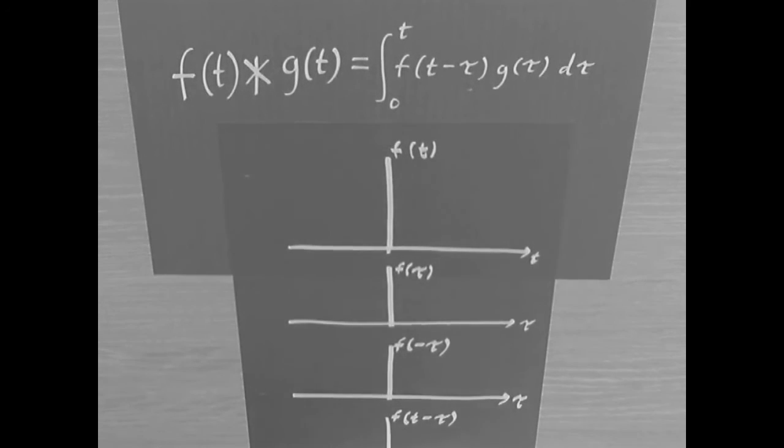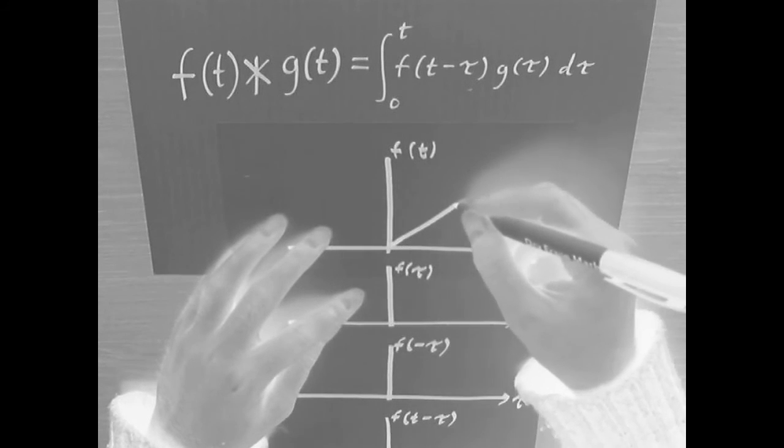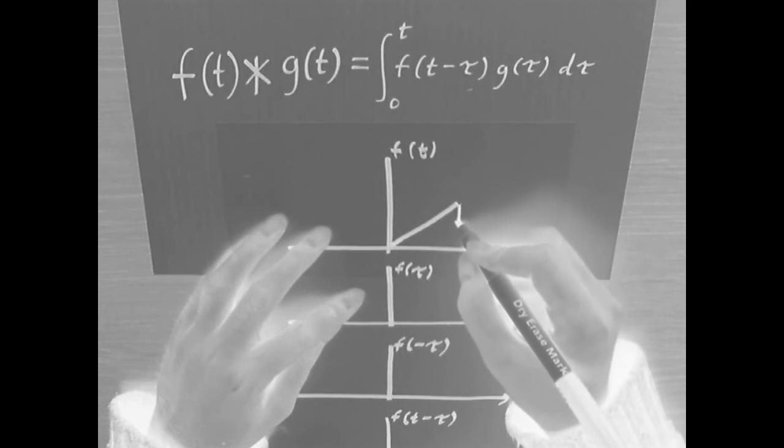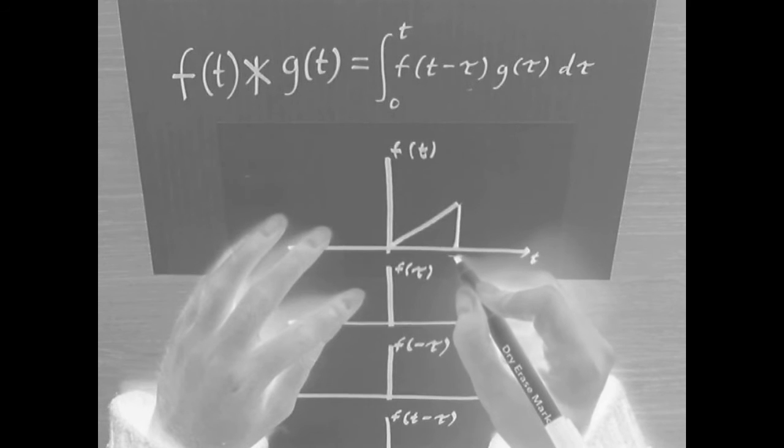Let's use an example signal for f of t. Let's use a triangular pulse as f of t, and a triangular pulse looks a little bit like this. And let's arbitrarily finish it at time big T.